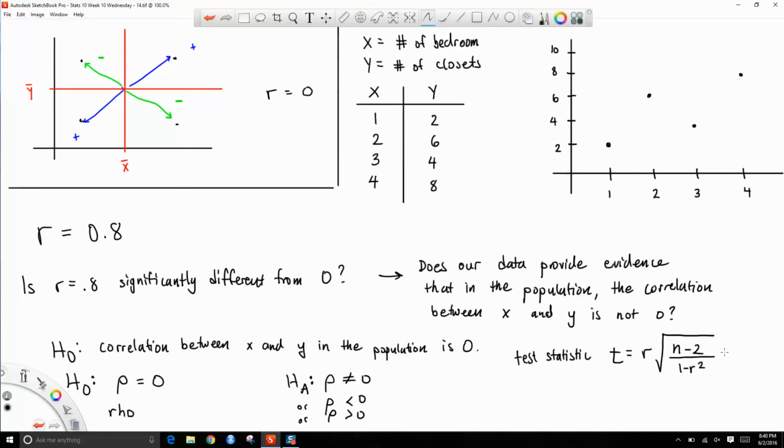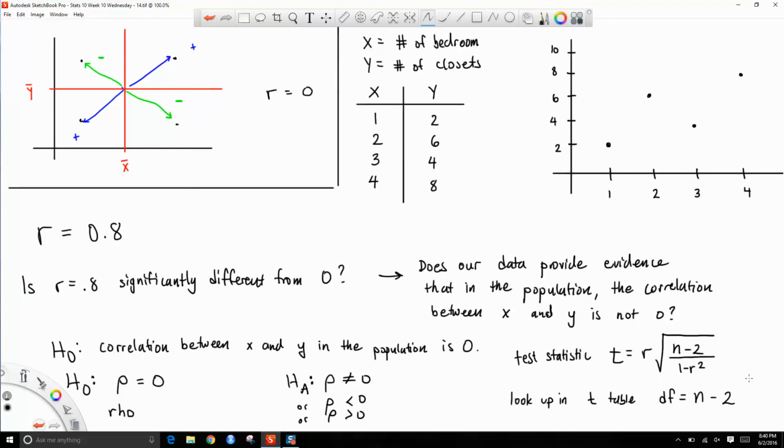And you would look up in the t-table with degrees of freedom equal to, this time, n minus 2 degrees of freedom.